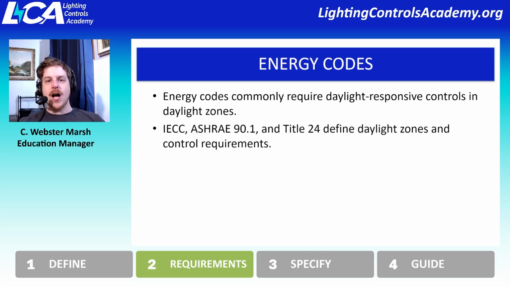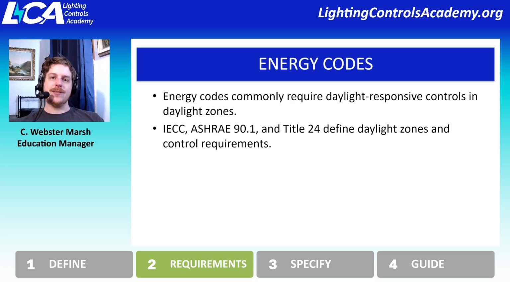The most common ones in the United States are IECC, ASHRAE 90.1, or Title 24, and they each have their own different requirements for what daylight zones are and how electric lighting is responding to daylight's presence. Every 3 years, these codes will be updated, and it's up to the states to adopt these codes.